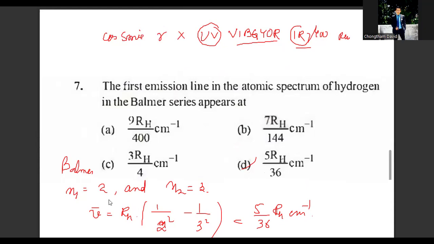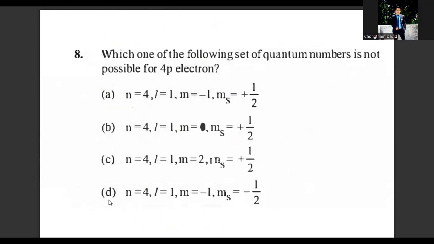Let's read fast. Which one of the following sets of quantum numbers is not possible for a 4p electron? See, for 4p, you have the principal quantum number 4, and the azimuthal quantum number is p. Now we can say that n equals 4, l equals p means 1. Then your orientation has minus 1, 0, plus 1.